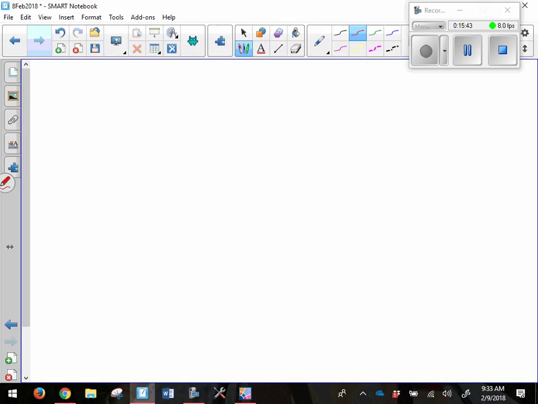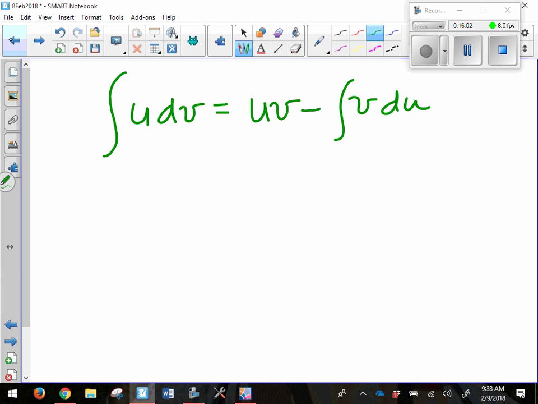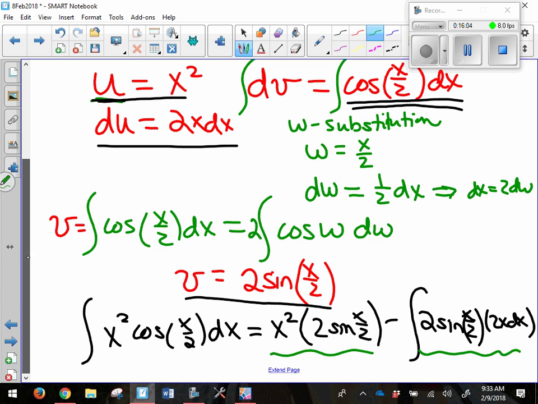All right. So our original integral at the very beginning was x squared cosine x over 2 dx. And that was, so here it is again, that was this.